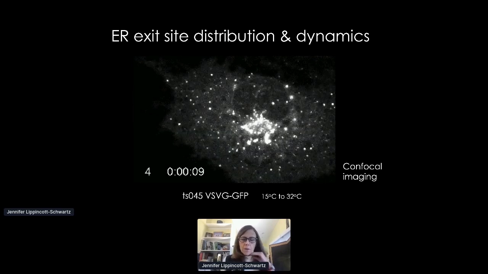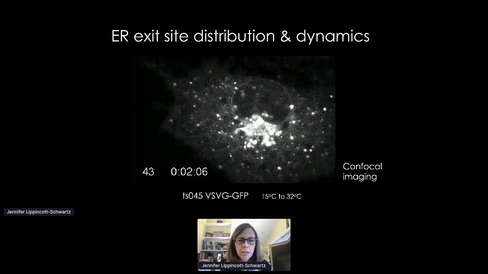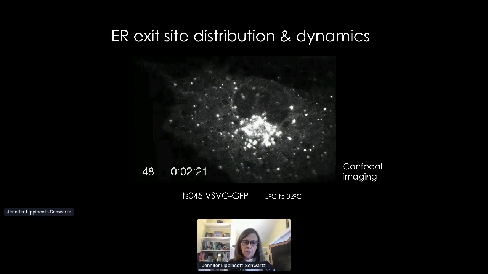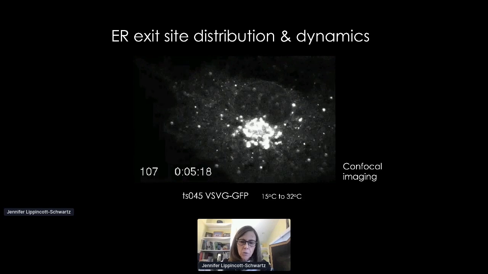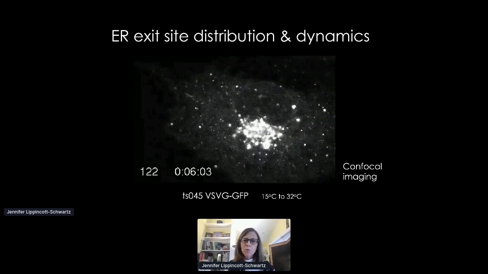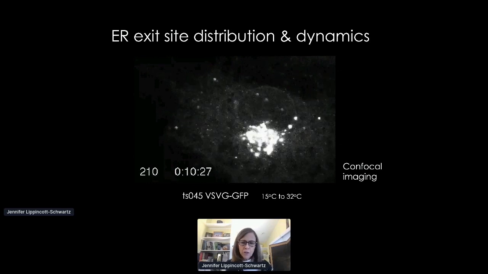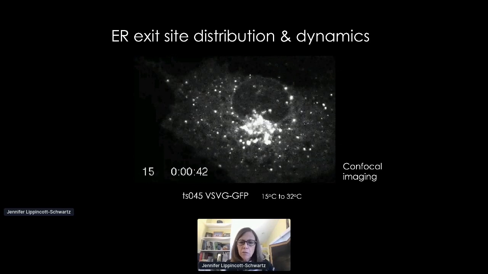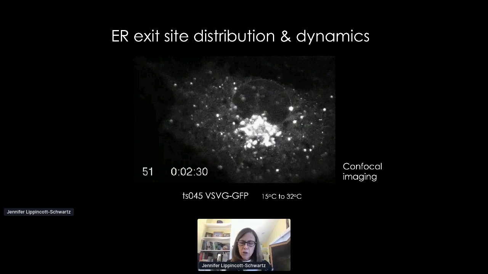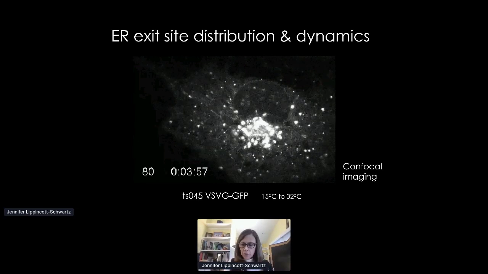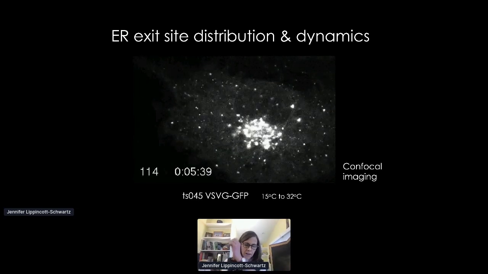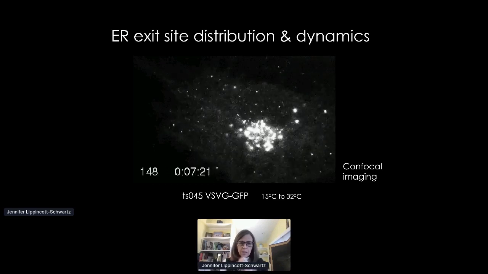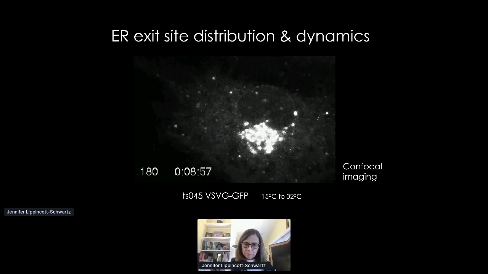If you look at how these cargo proteins then leave the ER exit sites and move into the Golgi apparatus, you can see that they're moving long distances. And they're moving in structures that are fairly big looking, that can actually send out tubules in the direction that they're moving.